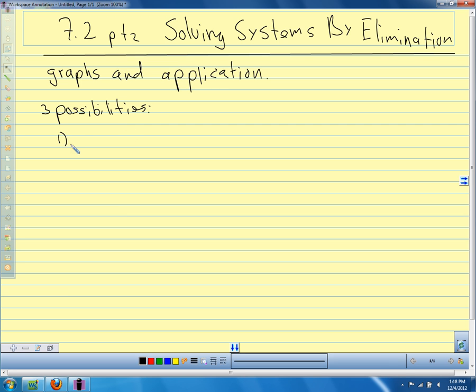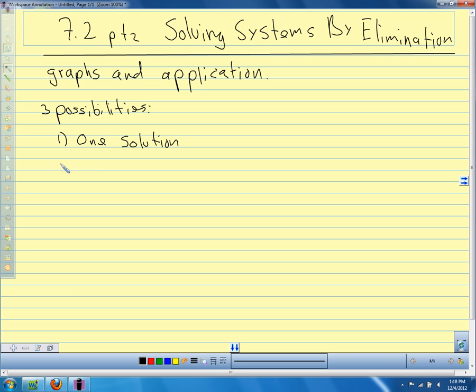The way we usually want things to turn out is we have one solution. So we have two equations, x and y. We solve for x, solve for y. Check it out, everything works, and we have a nice solution to our system. So that's one of our possibilities.